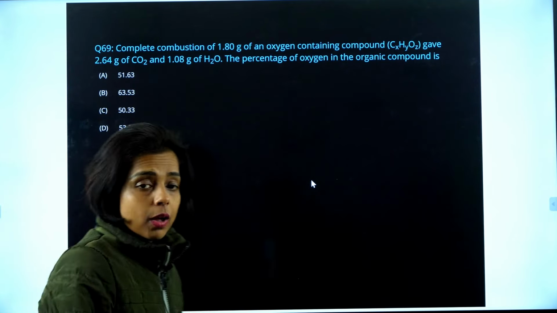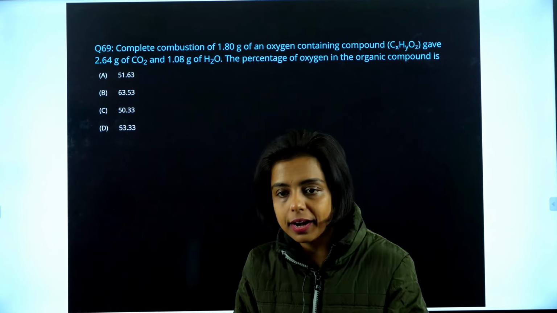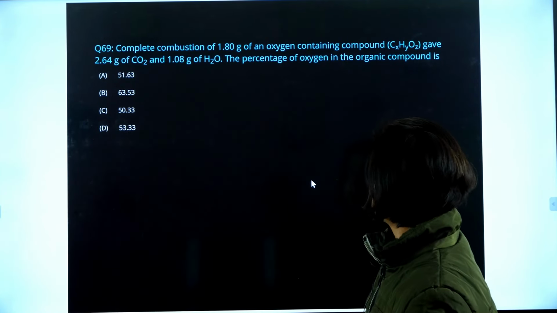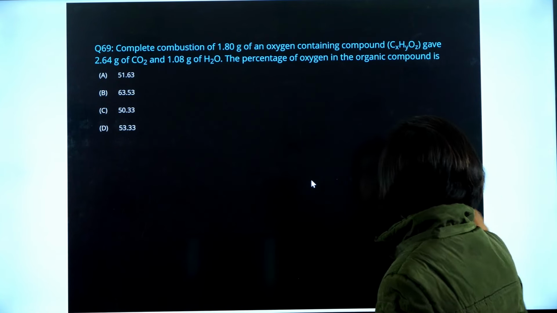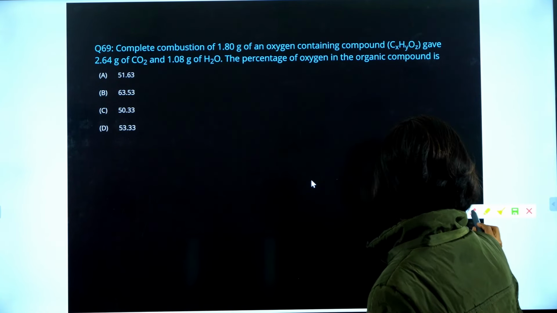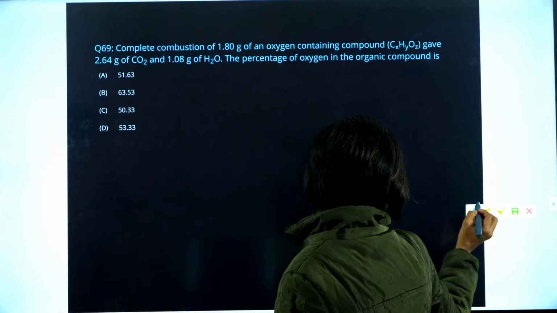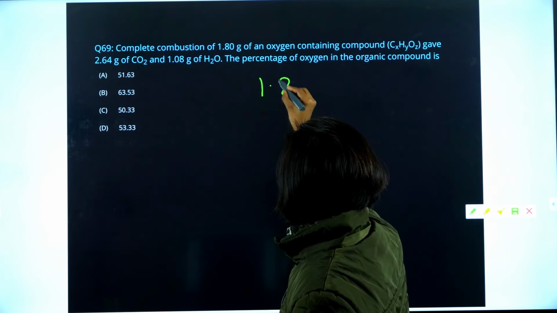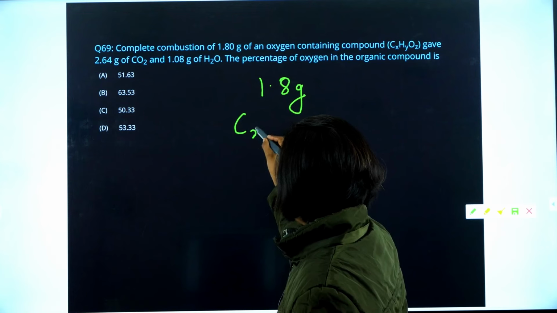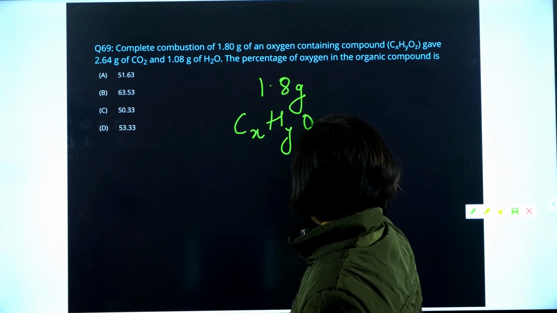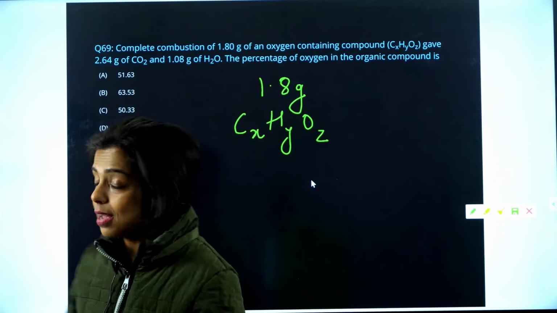Complete combustion of 1.80 grams of an oxygen containing compound. So you have a compound in which there is carbon, hydrogen and oxygen, and the total amount of that compound is 1.8 grams. It gives 2.64 grams of CO2.